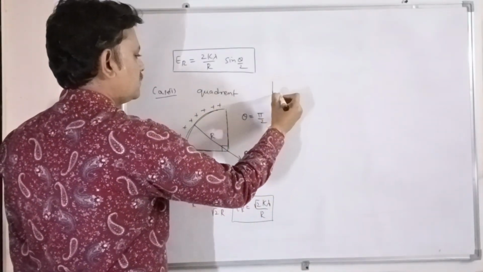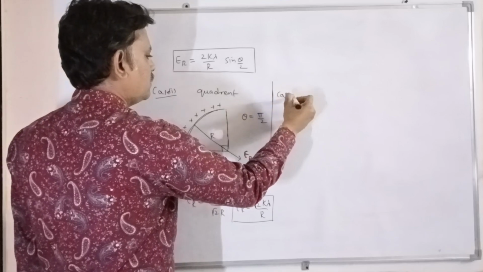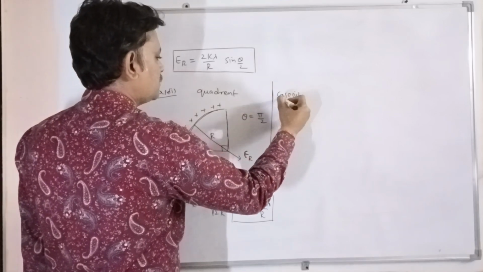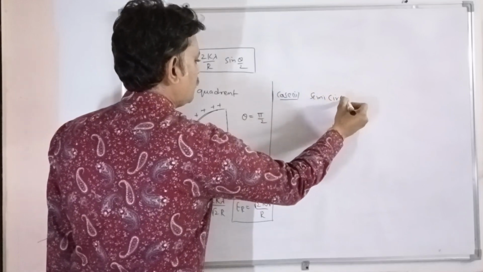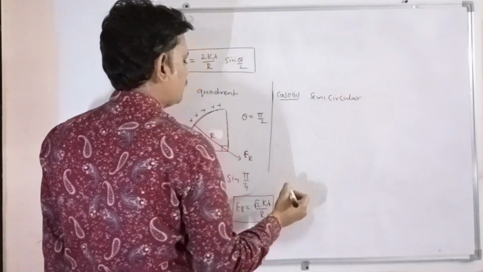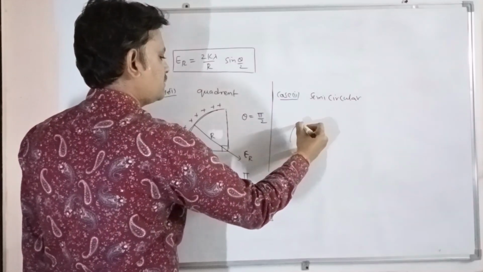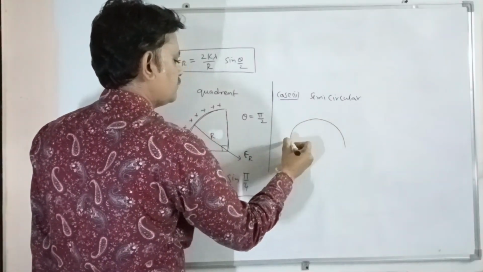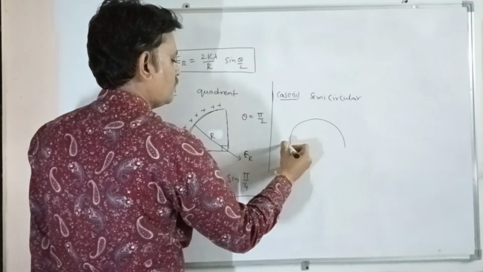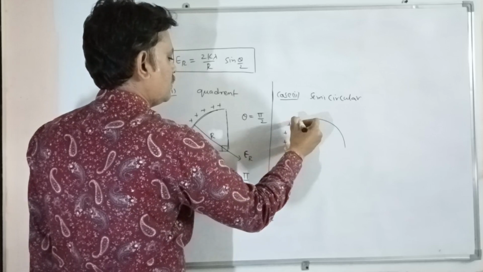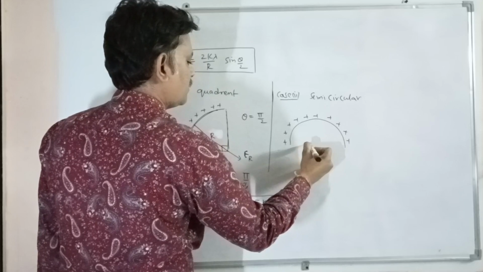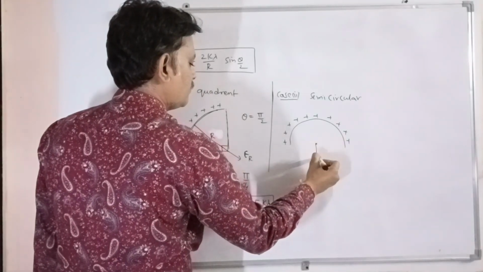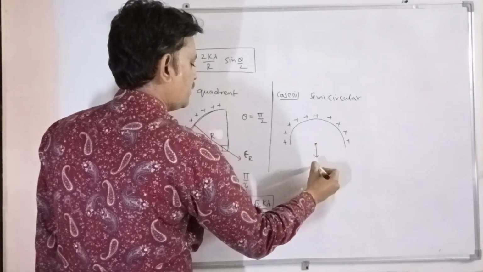Next, suppose a semicircular arc. If it is a semicircular arc in this way, then this is the direction of the electric field.